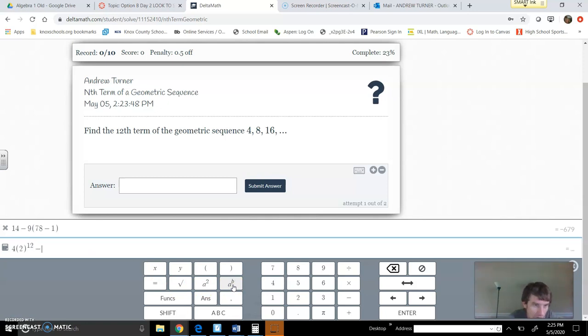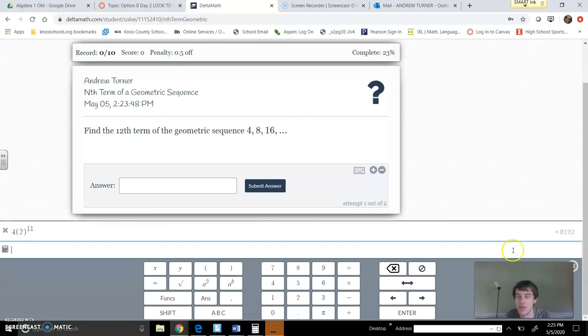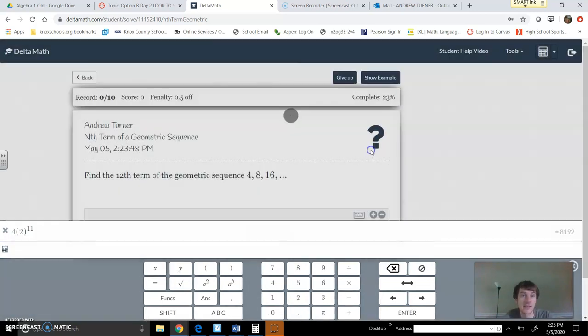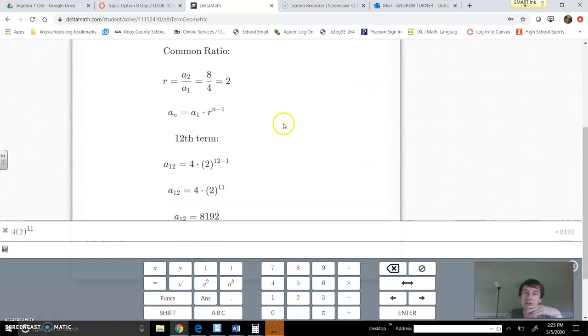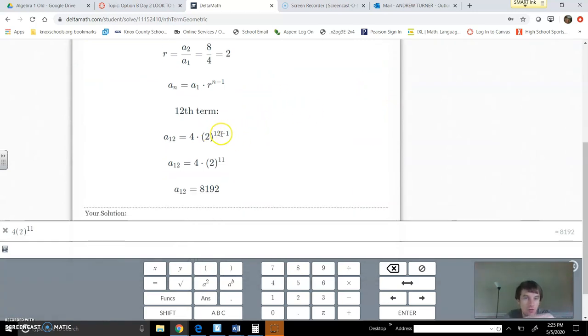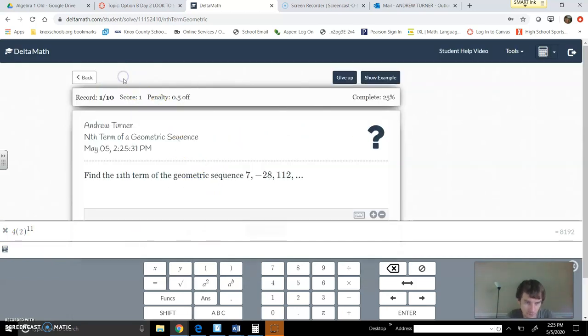Now I really want that 12 minus 1 to all be in the power. So maybe I'll just do 12 minus 1, that's really 11. Okay, so I'll just make it easier on myself. So 8192, and that is the 12th term in this sequence. So I'm just going to look at my work here, 12 minus 1, 11, that's why I put that power in the way that I did.